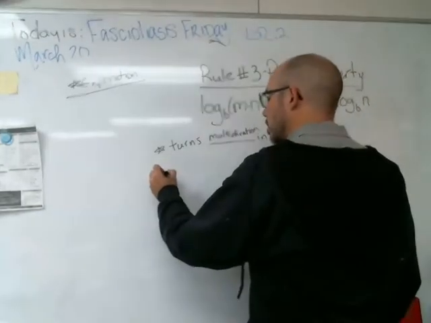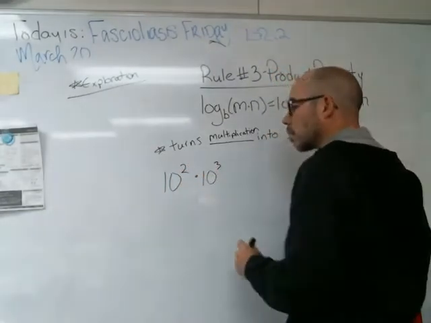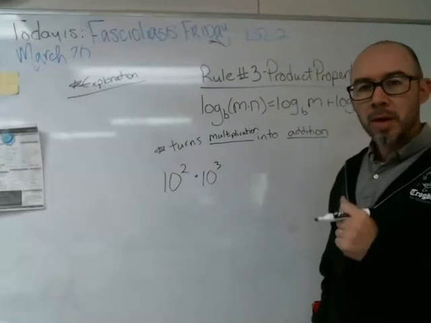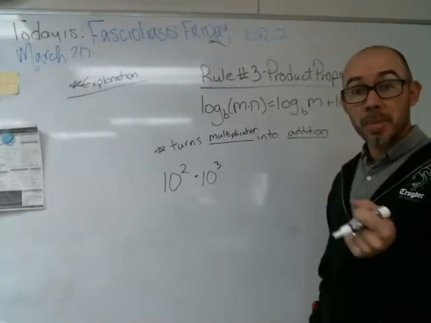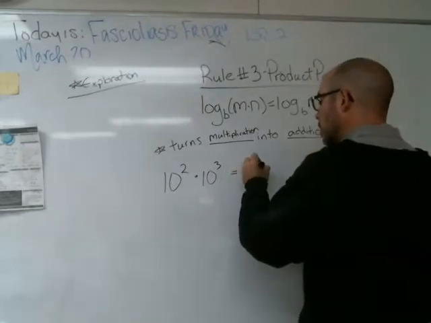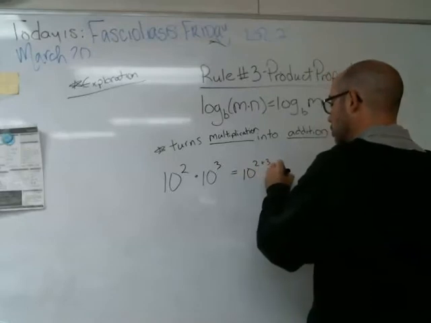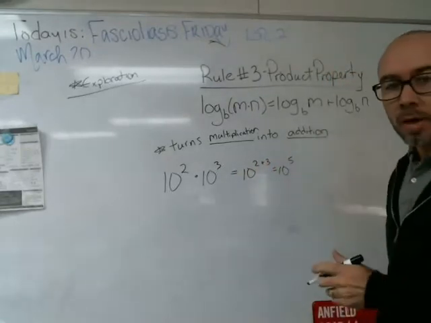Okay, let me demonstrate this really quickly. We take something like this. We know that when we were trying to simplify these things, we did some addition with these exponents. We write it as 1 base to the 2 plus 3 power. And that's basically what we do with logarithms.